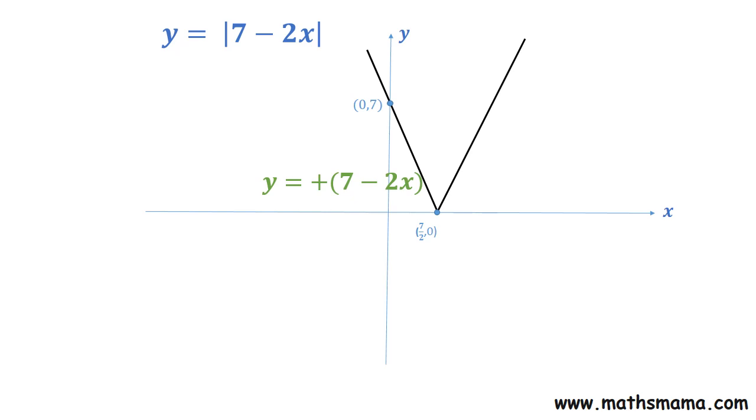And on the right hand side, since we flipped the diagram, we have to add a negative sign in front of the function, so it becomes 2x minus 7. This will be important when we are solving equations related to modulus, which you are going to learn in future.